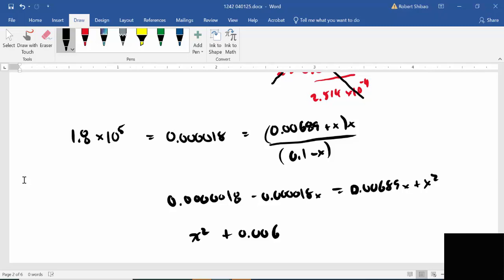Maybe I should have left it in scientific notation. Let me double check my math. Yeah, okay. All right, let's try this one now.